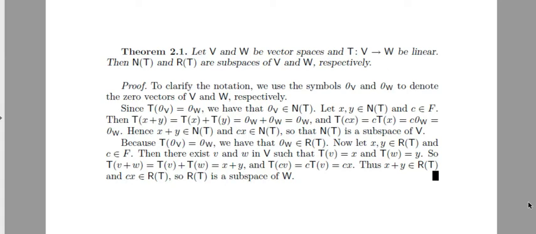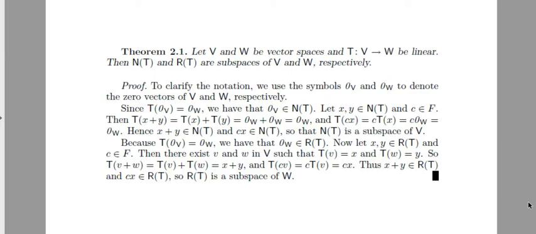Next we have to show that the range space of T is a subspace. So first we will see this is non-empty. T of 0V is equal to 0W. So 0W belongs to range space of T. Now let two elements X and Y belong to R(T) and C be a scalar from field F. Then there exist V and W such that T of V is equal to X and T of W is equal to Y. So T of V plus W is equal to TV plus TW is equal to X plus Y, and T of CV is equal to C times TV is equal to CX.